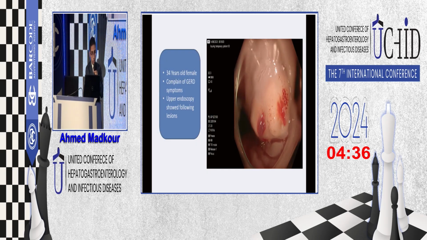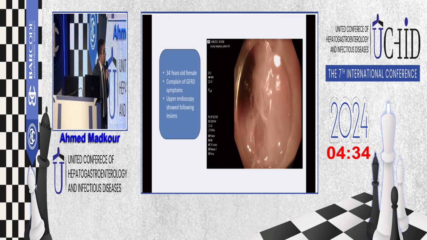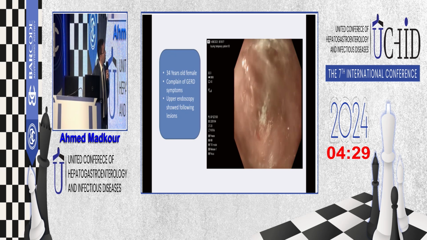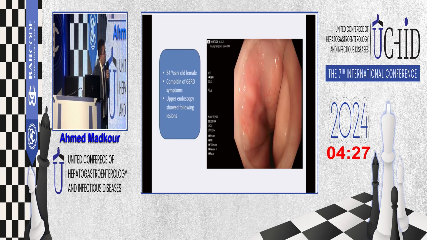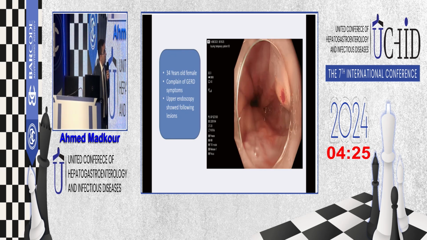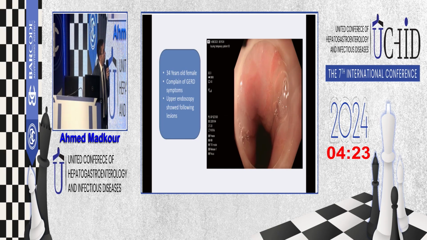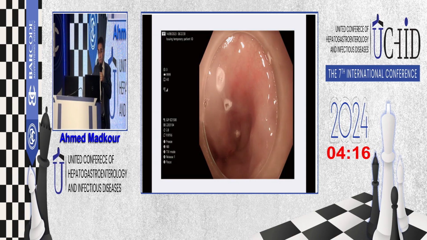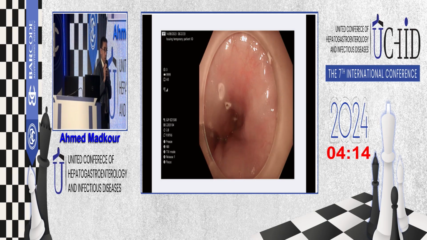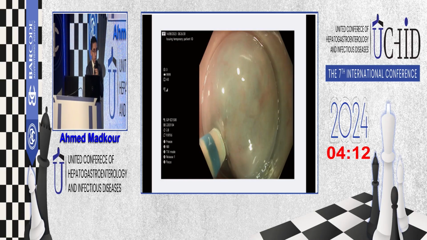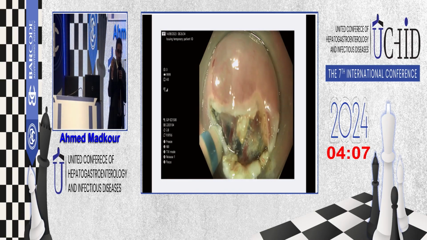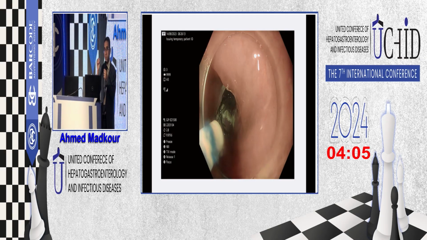But we still can do this endoscopically, as we see. The last case for some benign rare tumor is this lesion in a young female complaining of dysphagia. This is characteristic of a granular cell tumor, and we did EUS, and it originated from the third layer, and the biopsy was granular cell tumor. Usually such a lesion originates from the third layer, but you should consider the possibility that it originates deeper, from the fourth layer.